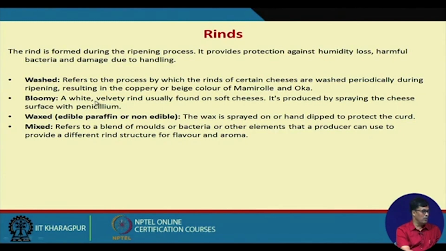Then blooming, a white and velvety rind usually found in soft cheese. It is produced by spraying the cheese surface with penicillium. Wax is edible grade paraffin and non-edible, both can be used, but usually we prefer the edible grade paraffin.